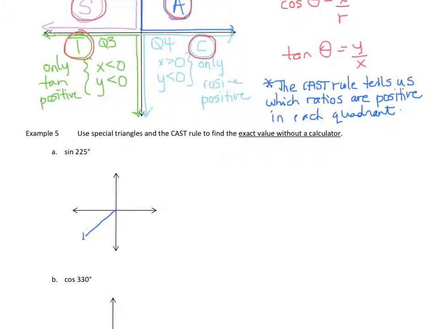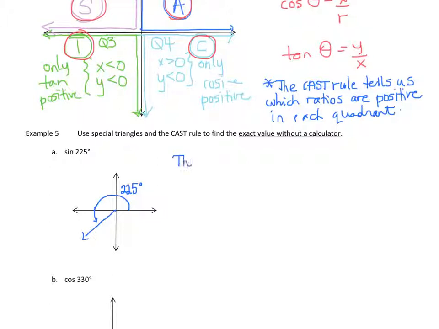And I know that because if I start on the positive x-axis, as I always do, and rotate counterclockwise, to the negative x-axis would be 180 degrees, and I want to continue 45 degrees past there. So there I have an angle of 225 degrees.